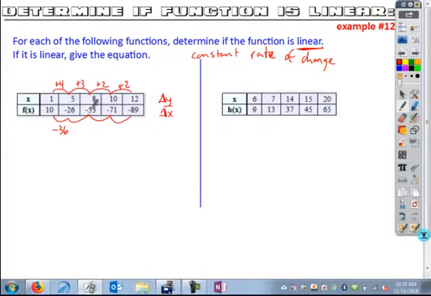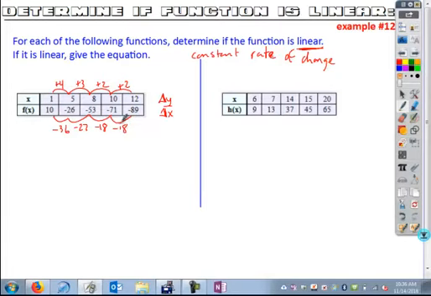Here from negative 26 to negative 53, you get negative 27. From negative 53 to negative 71, a difference of negative 18, and from negative 71 to negative 89, a difference of, again, negative 18.